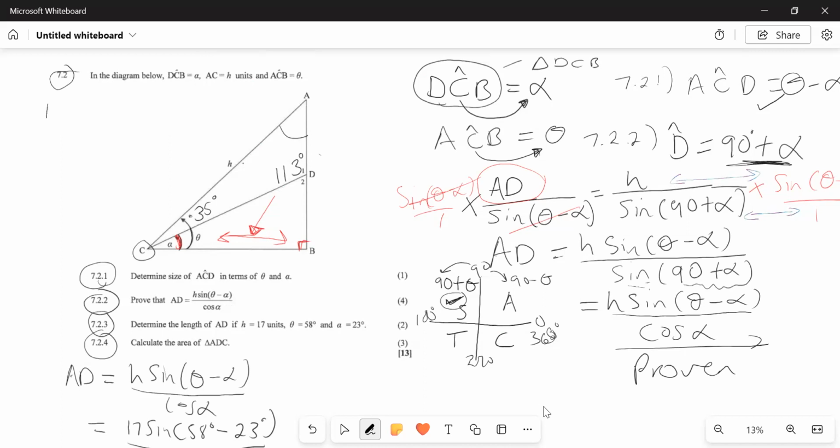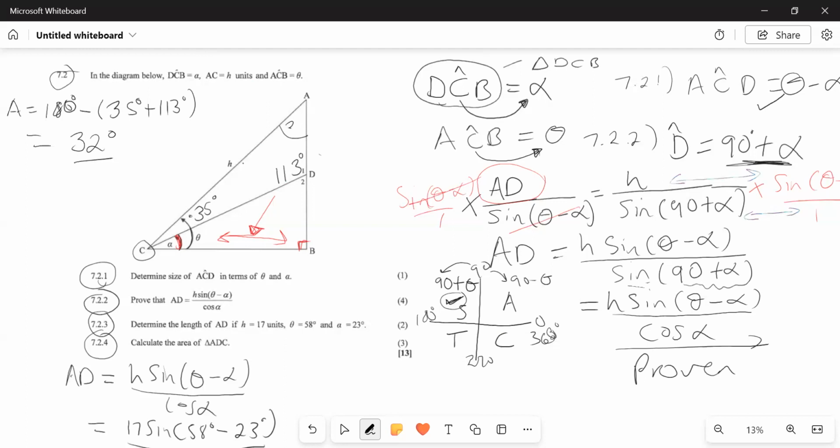So for you to find that angle A there, we need to say 180 degrees minus 35 degrees plus 113 degrees. Remember, the angles in a triangle add up to 180, right? So 180 minus 35 plus 113, we get 32 degrees.